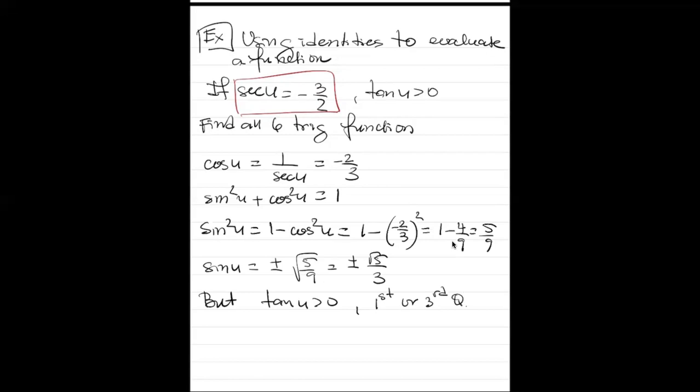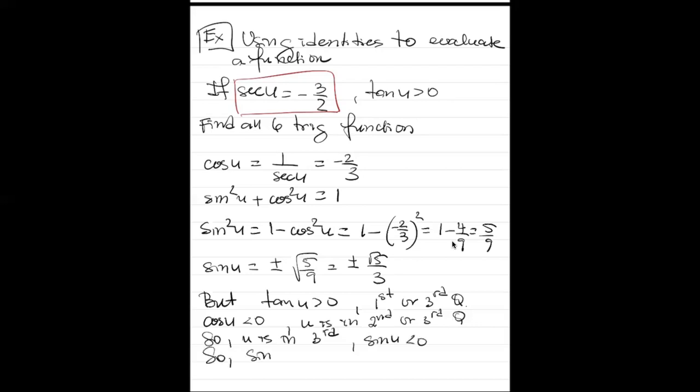Now, cosine of u is negative. That means the angle is in the second or third quadrant. So u is in the third to meet both requirements. And in the third, sine is negative. So sine of u is negative root 5 over 3.